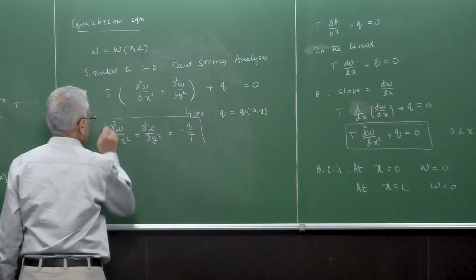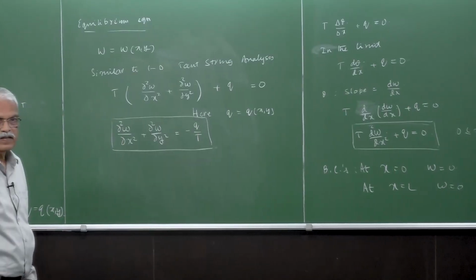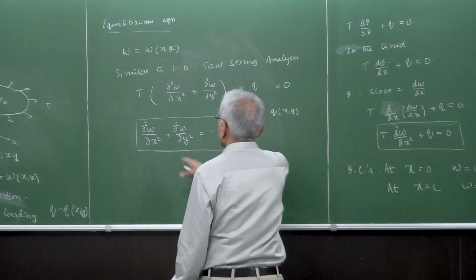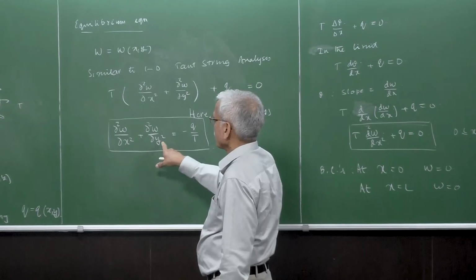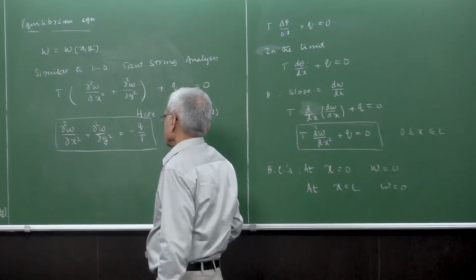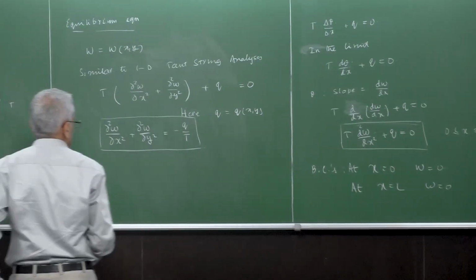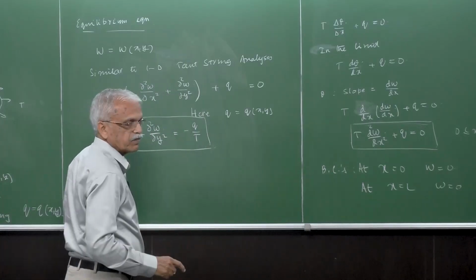This is a very typical representation of the two-dimensional problem of a membrane: dou square W by dou x square plus dou square W by dou y square is equal to minus q by T. So q may be constant or q may be a function of x, y, right? Now what is the domain here?